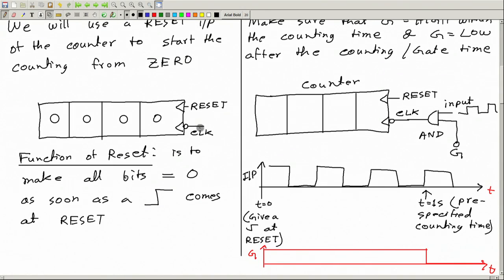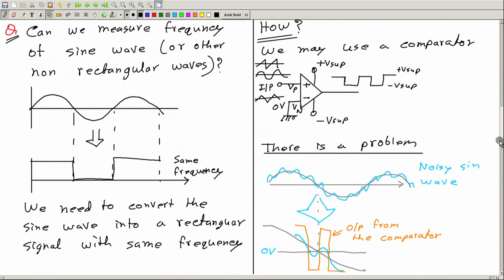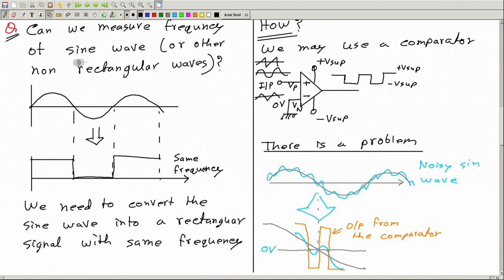If we give some square wave input to the clock of a counter, the counter counts the number of edges. But if the input signal is not rectangular, then we have to convert the sine wave or any other wave into a rectangular wave. So that's what we are studying, how to convert a sine wave into a rectangular wave.